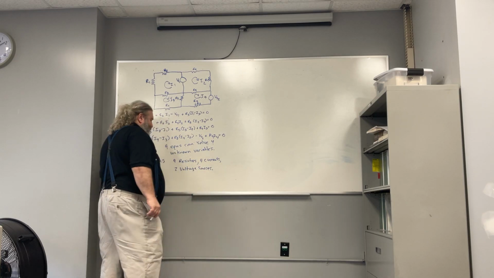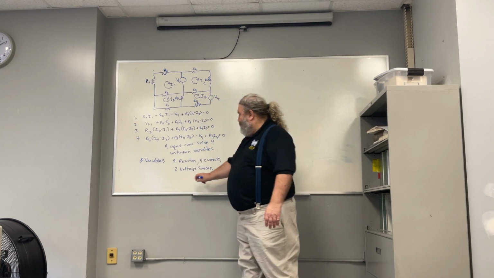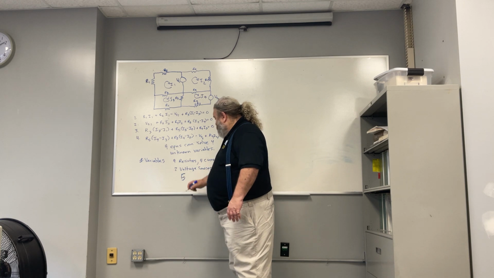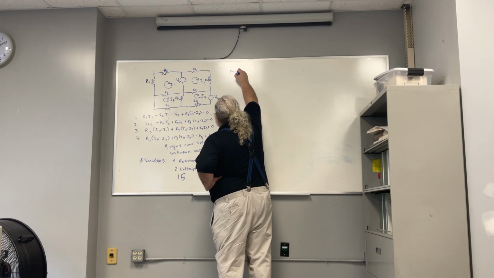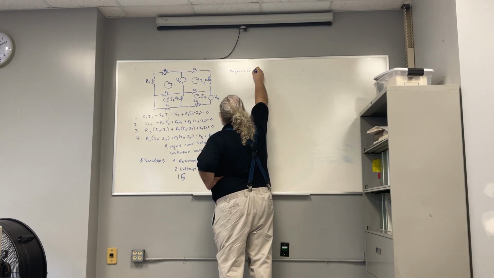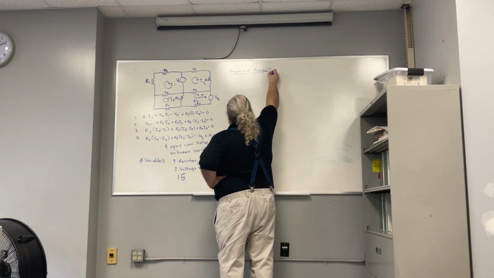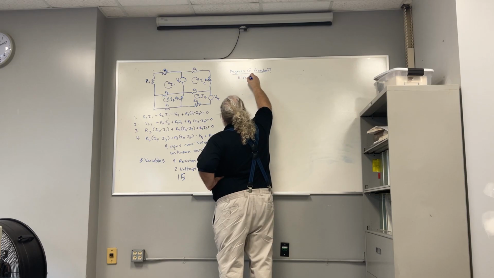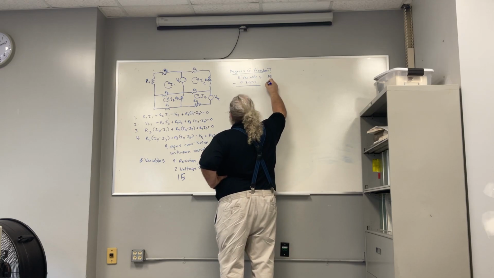Okay, so how many variables is that altogether? 15. Oops, sorry, 15, right? So what is the degrees of freedom? So in this case, it's 15 minus 4. That's the degrees of freedom.